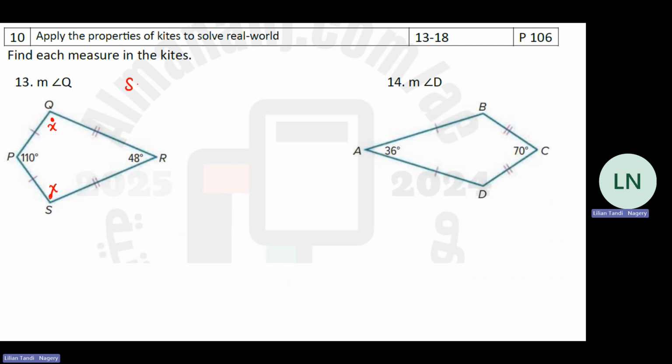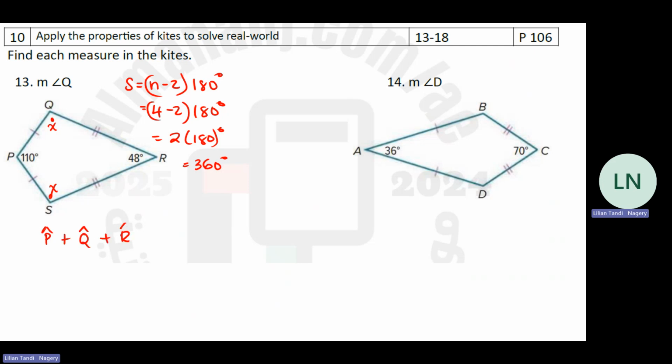So I will start with the sum equals n minus 2 times 180, 4 minus 2 times 180, 2 times 180 gives us 360. Then I will say angle P plus angle Q plus angle R plus angle S should give me 360 degrees.